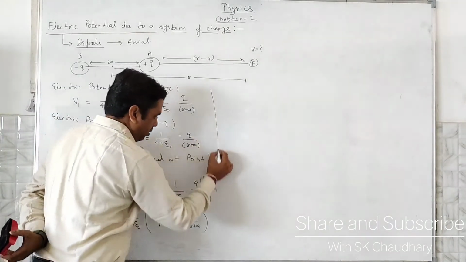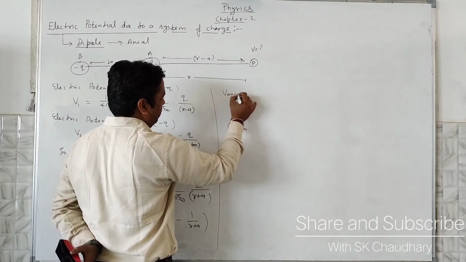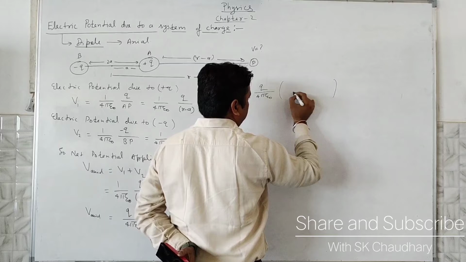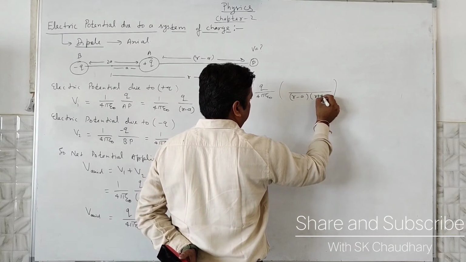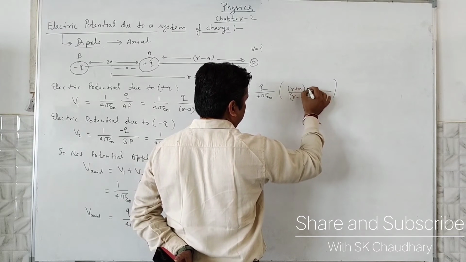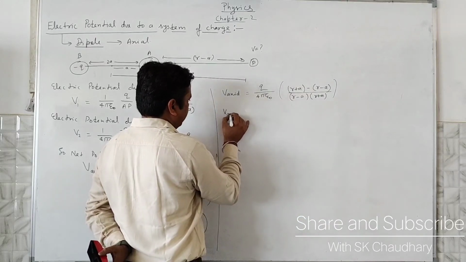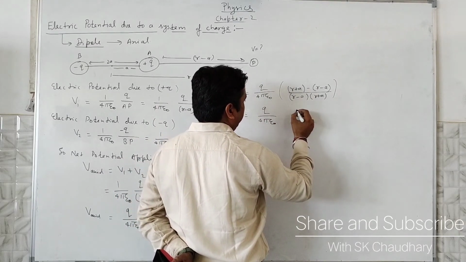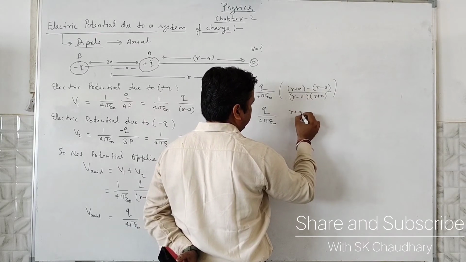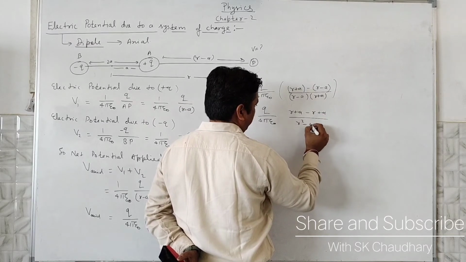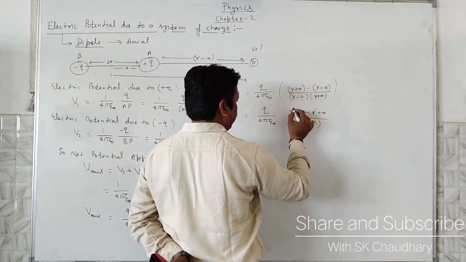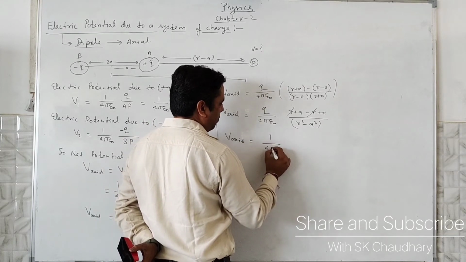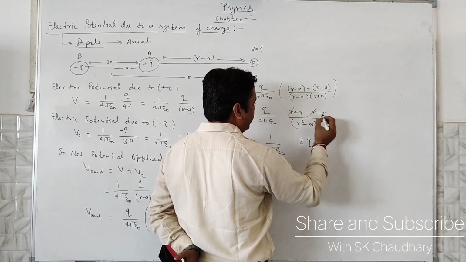So we take the LCM of these two quantities. Our V axial will be Q upon 4 pi epsilon naught times the LCM, R minus A, R plus A, with numerator R plus A minus R plus A. Multiplying these out, the denominator is R square minus A square, and R cancels out in the numerator. So V axial, the potential at the axial point, will be 1 upon 4 pi epsilon naught times 2QA upon R square minus A square.